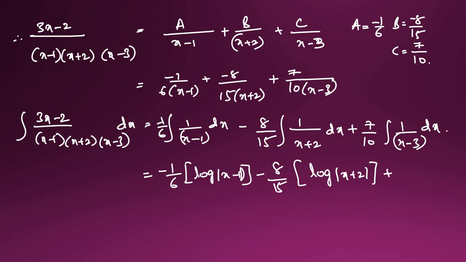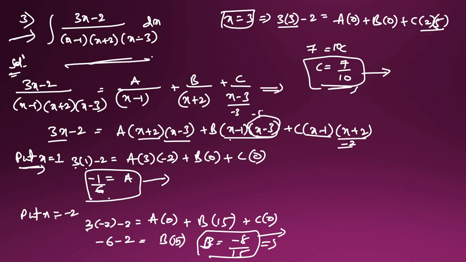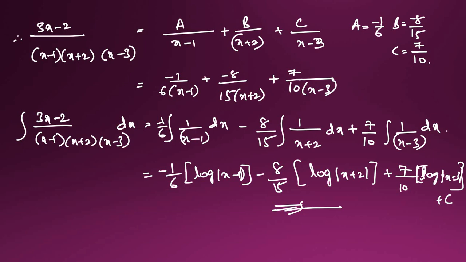Now plus 7/10 into log of (x minus 3) will come, plus C. So this is the answer for the given question, the third one solution. Now moving to the next question.